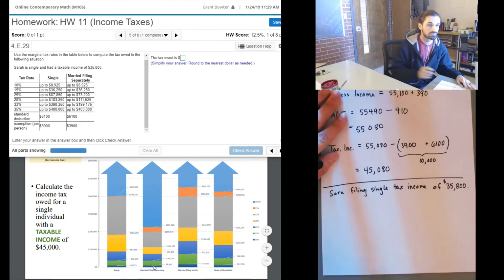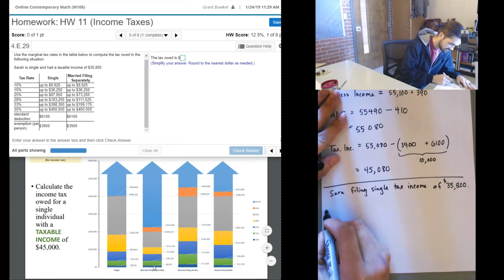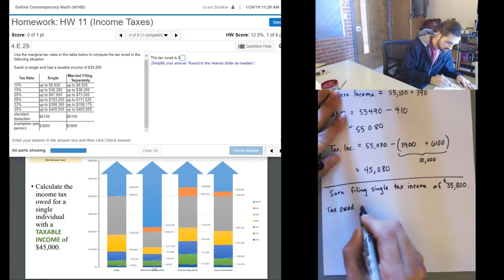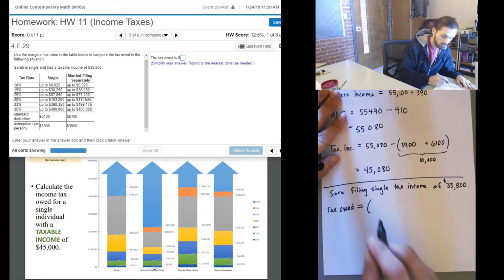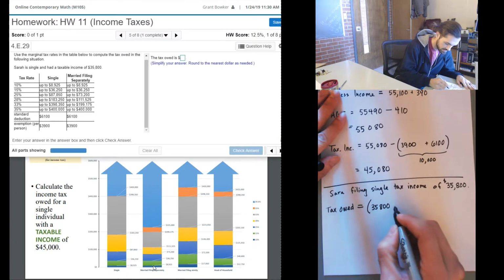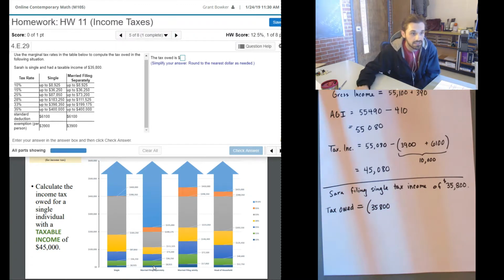So we're going to take, so tax owed is, well, we'll start off at 35,800. That's what you made. And then we need to subtract off the bottom of that tax bracket, which is 89.25.